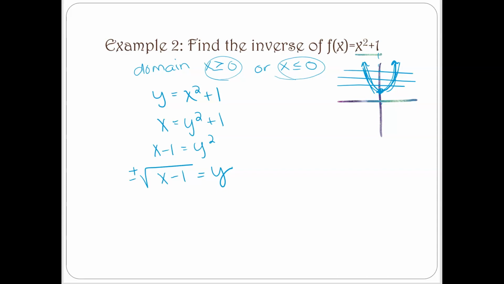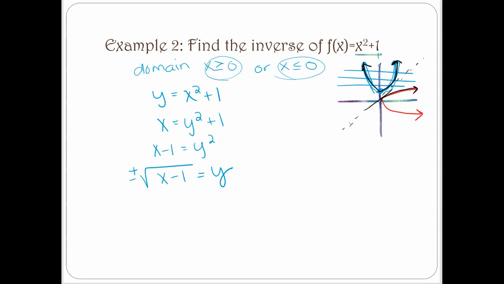So a square root function, graphically, would look like this. If we want them to be symmetric about that line y equals x, when you take the positive original, you want the positive square root.